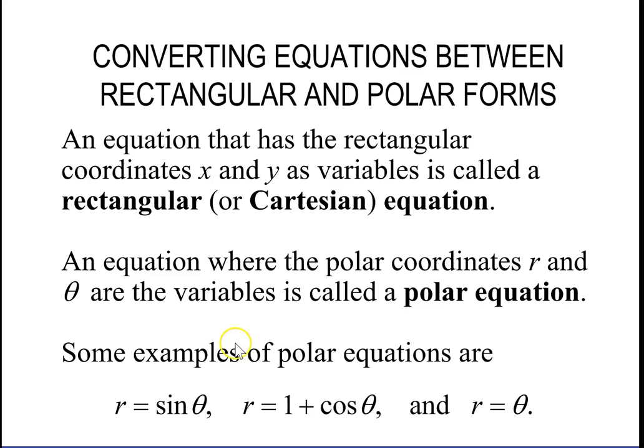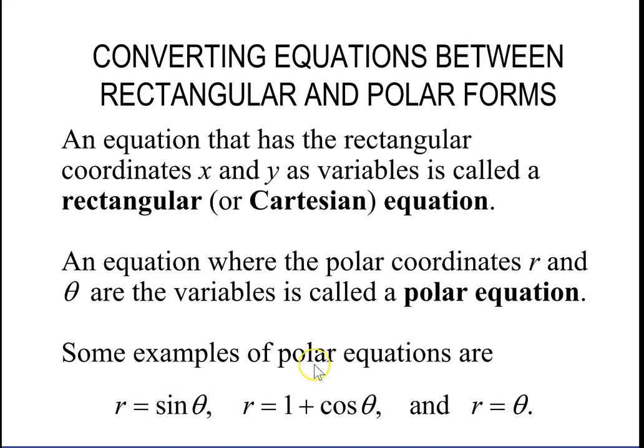Now we want to change equations. There are some polar equations right here. Notice it's a relationship between r and theta. And instead of plugging in x to get the y value, for r comma theta, theta is what we normally plug in, and then we get the r value out. So it works a little differently as well.